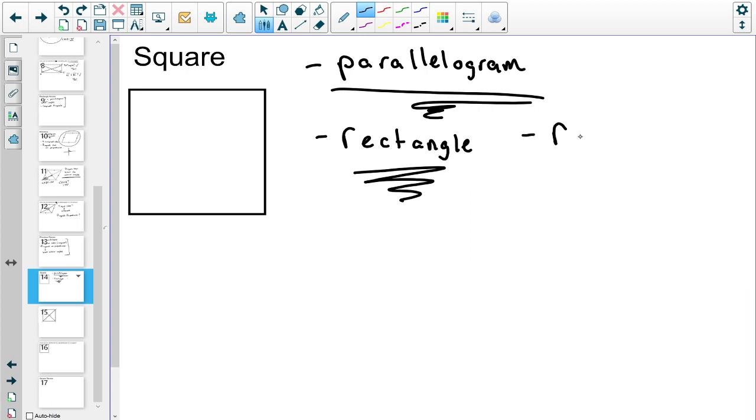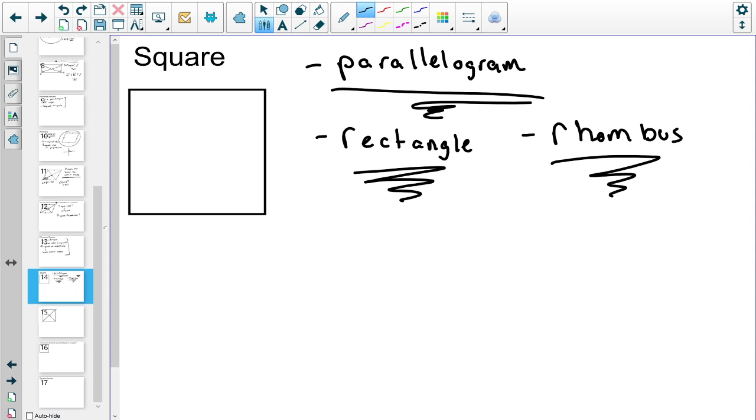A square is also a rhombus. So it seems funny, but rectangles and rhombuses, or rhombi, are parallelograms. Squares are all three. Well, four if you count it being a square as well. So a square, let's repeat, is a parallelogram, a rectangle, and a rhombus.